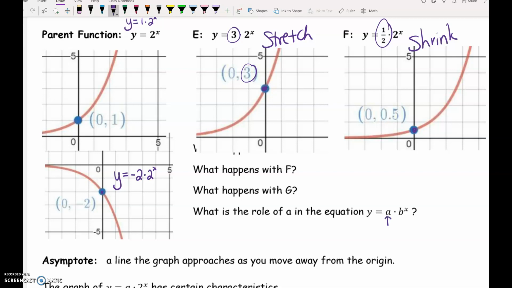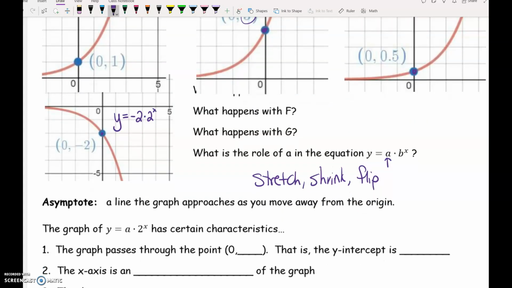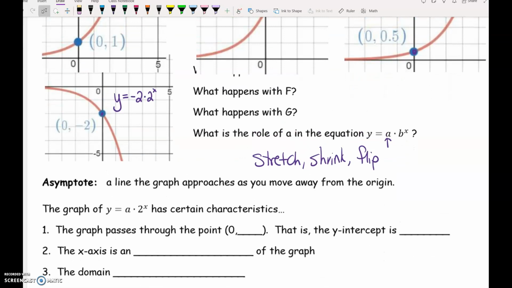So this a value is going to stretch the graph if it's bigger than 1, shrink the graph if it's something like 1/2 or a fraction that's smaller than 1, and a negative there will flip the graph. The asymptote is the line that the graph approaches as you move away from the origin. Basically, exponential growth and decay graphs have an asymptote that originally is the x-axis. The graph is going to approach that asymptote but never cross it and never really touch it.